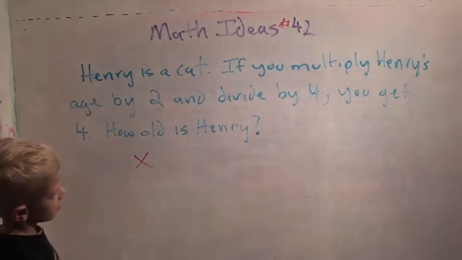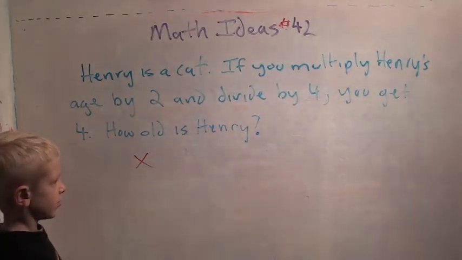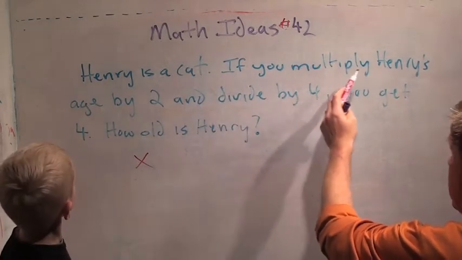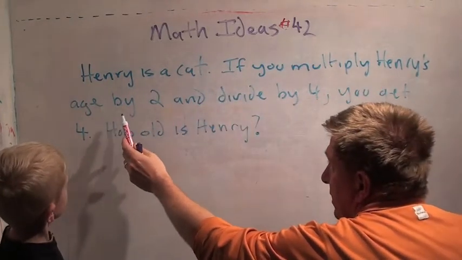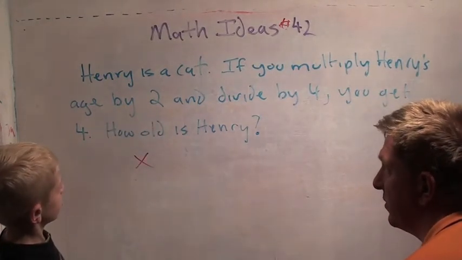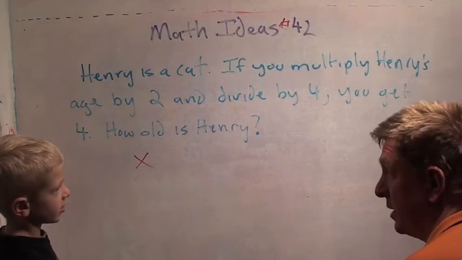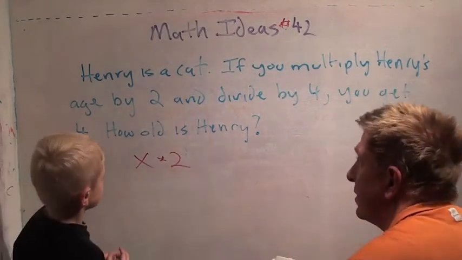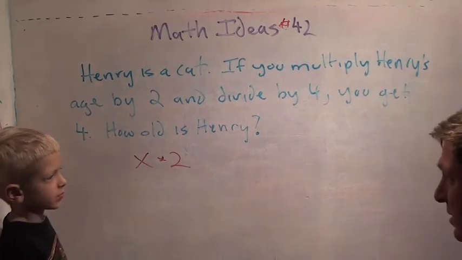What do we do with x here? Read the sentence. If you multiply Henry's age by 2 and... Okay, stop. So what's the first thing we do with Henry's age? We multiply x by 2. So we take x times 2. And what do we do next with x?